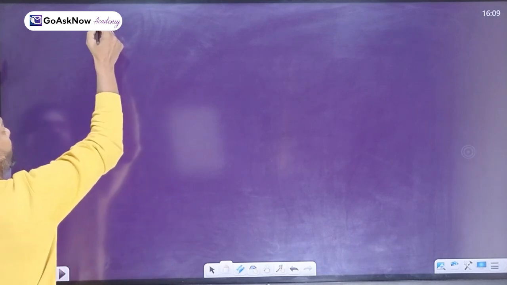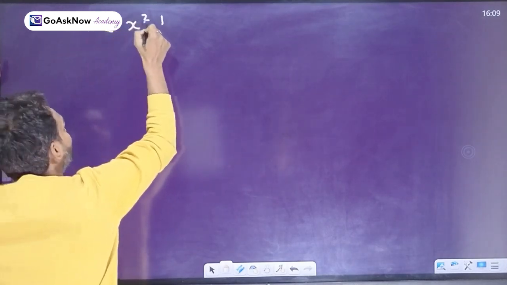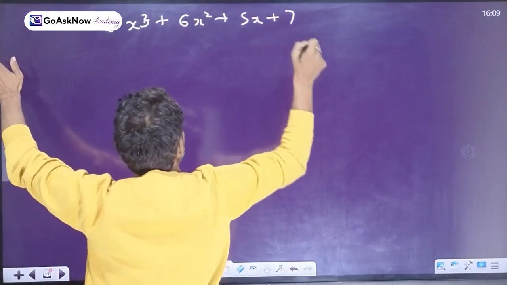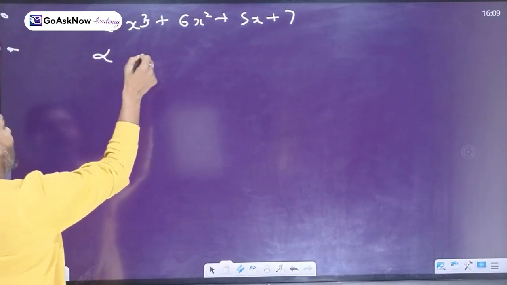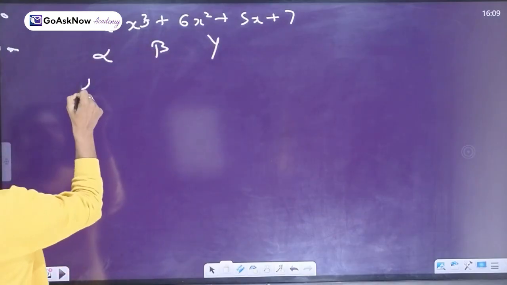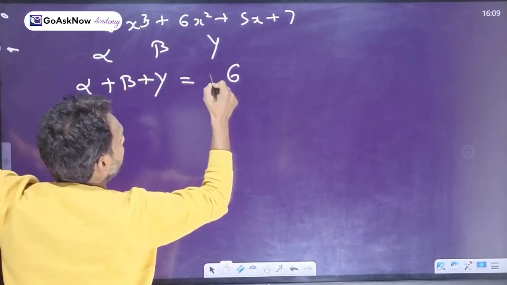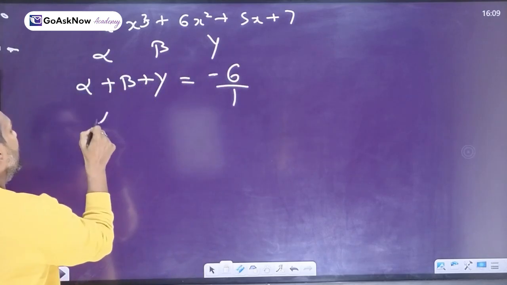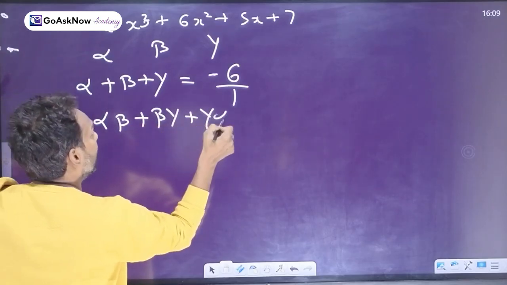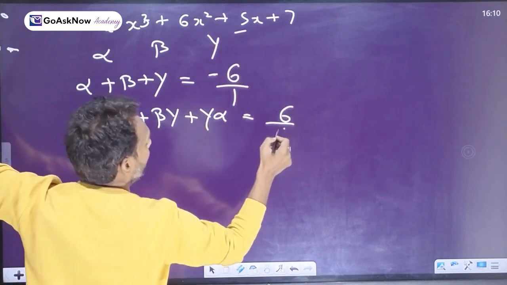For example, we take x cube plus 6x square plus 5x plus 7. Then for alpha, beta, gamma, the sum of roots alpha plus beta plus gamma will be minus 6 upon 1. Alpha beta, beta gamma and gamma alpha will be 5 upon 1.